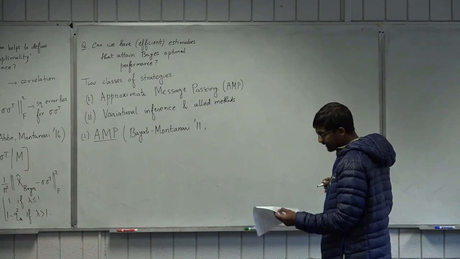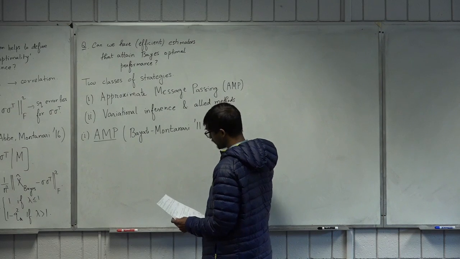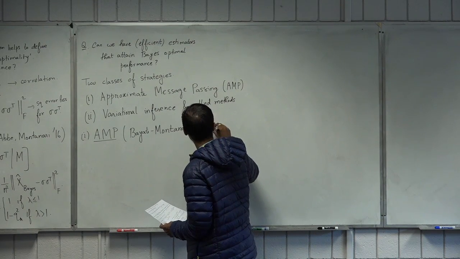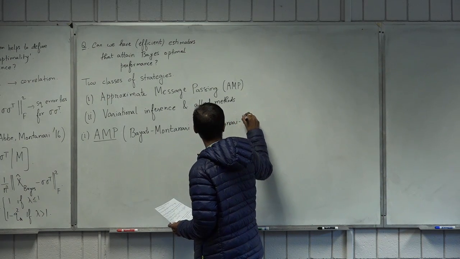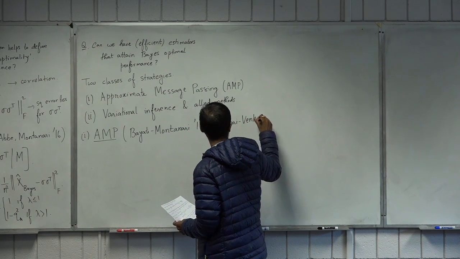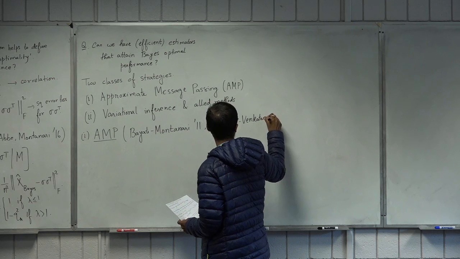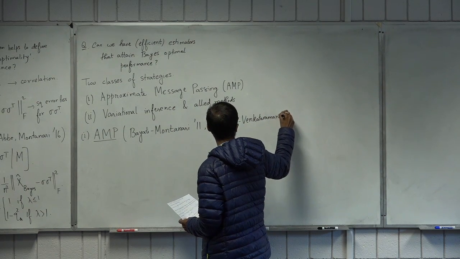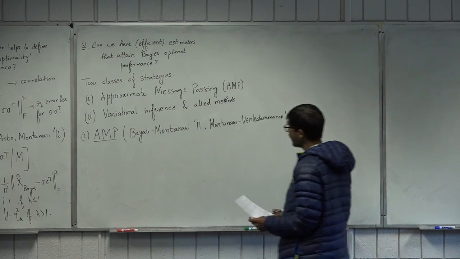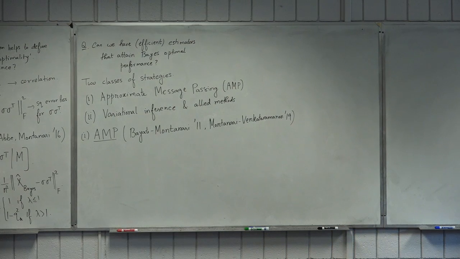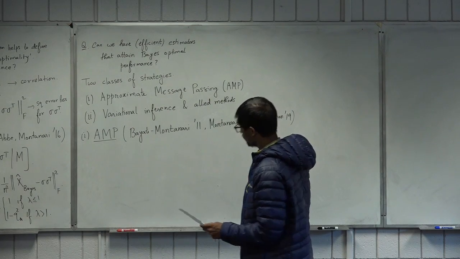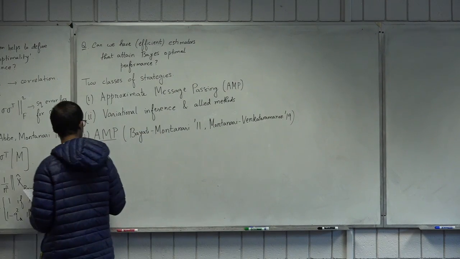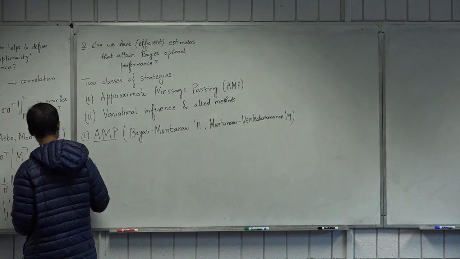But most of the results that I'll talk about are from a much more recent paper by Montanari and Venkataramanan. That's from 2019. And there's an even more recent result that I'll quote at some point. But without getting too much into it right away, let me just first describe the algorithm completely.